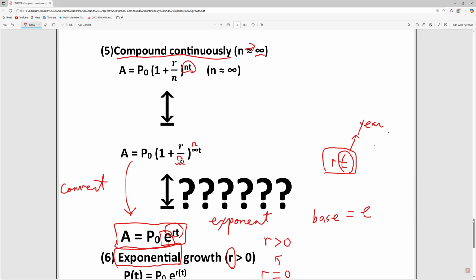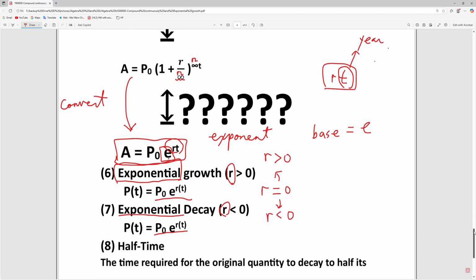Okay, so the most important proof, sorry, I cannot provide to you because you need to understand the calculus, to understand how we can convert the compound continuous formula to become the exponential growth or decay formula.